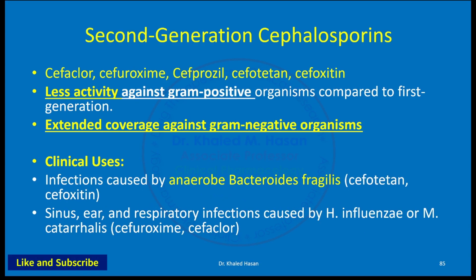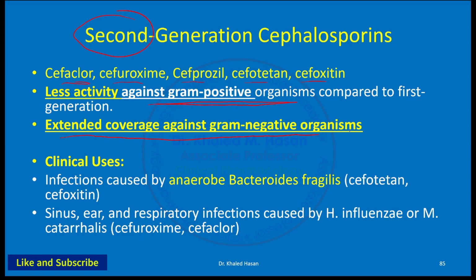We need you to remember that. For the second generation cephalosporin, we have a list of medications: cefaclor, one of the most important, cefuroxime, cefprozil, cefotetan, cefoxitin. These medications become less active against gram-positive organisms and more active against gram-negative organisms.